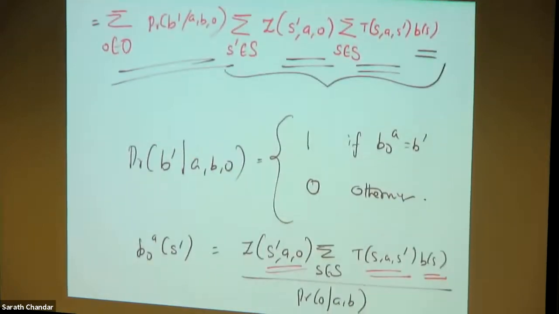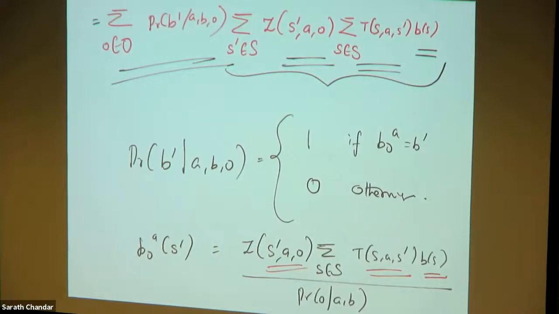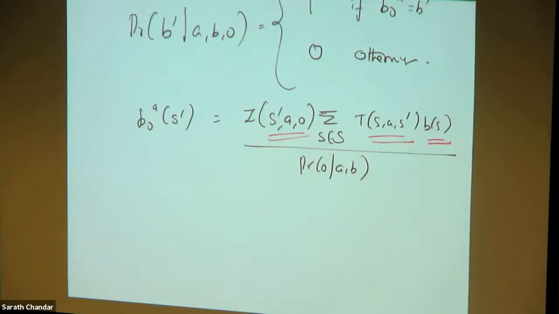Integrating over all the states here, that is what the denominator is. So essentially I could just rewrite this as the summation over S dash of Z of S dash, A, O times the summation over S belonging to S of T of S, A, S dash times B of S. This just gives me a new distribution over the states.